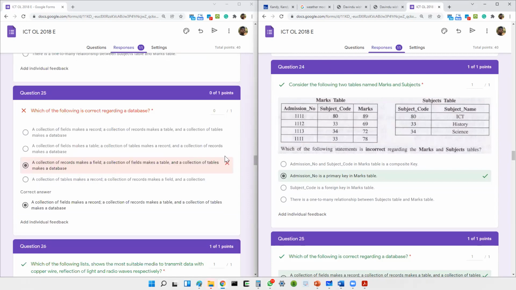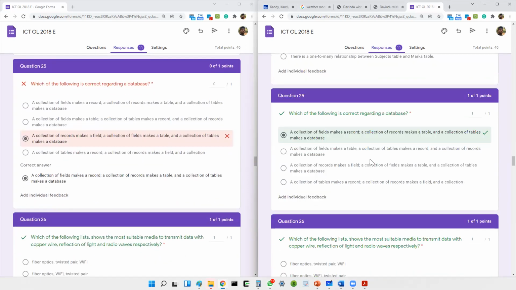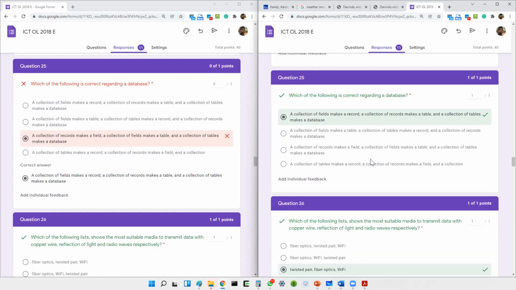Then we have question number 25. Which is correct regarding databases? First one, a collection of fields makes a record. That's okay. A collection of records makes a table, and a collection of tables makes a database.